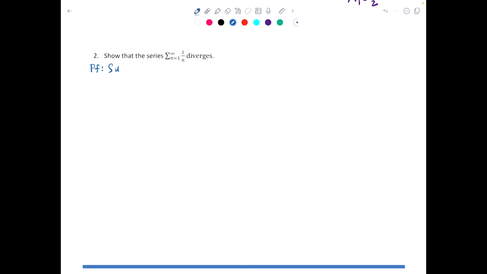So we're going to suppose that the series converges. So this is a proof by contradiction with some sum S. Well, then, if that were true, S would equal, so we'll just start getting some terms, right?